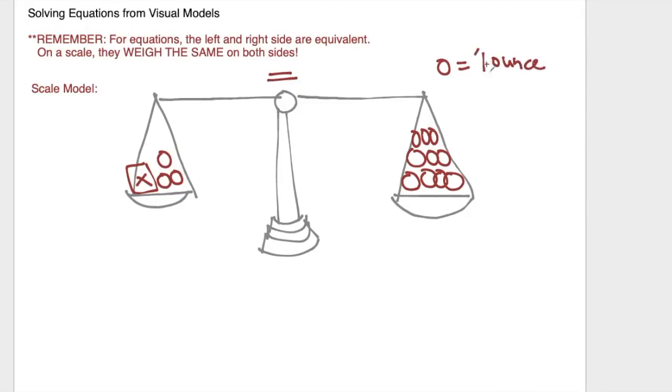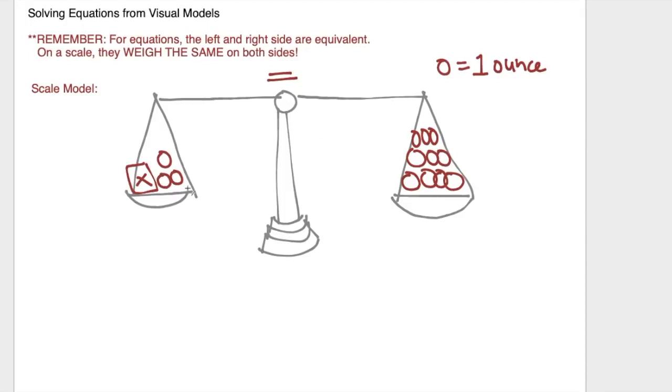How about that? 1 ounce. So what that means is each of those balls weigh the same. We can even imagine them to be oranges that weigh exactly the same. So each of those oranges weigh 1 ounce.